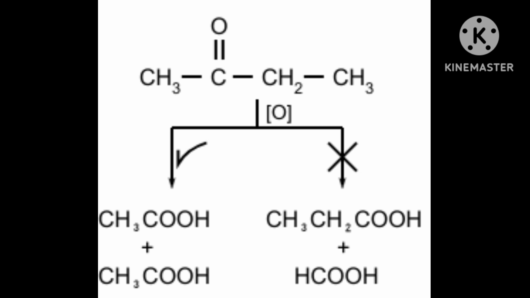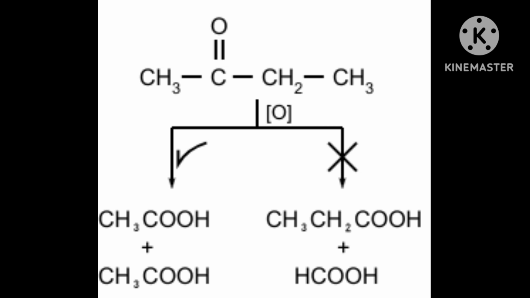Now suppose oxidation is going on in presence of a strong oxidizing agent. Then the carbon-carbon bond will break. Correct? Then what will you get when the carbon-carbon bond breaks? First of all, you know that CO will convert to COOH, no problem in that.